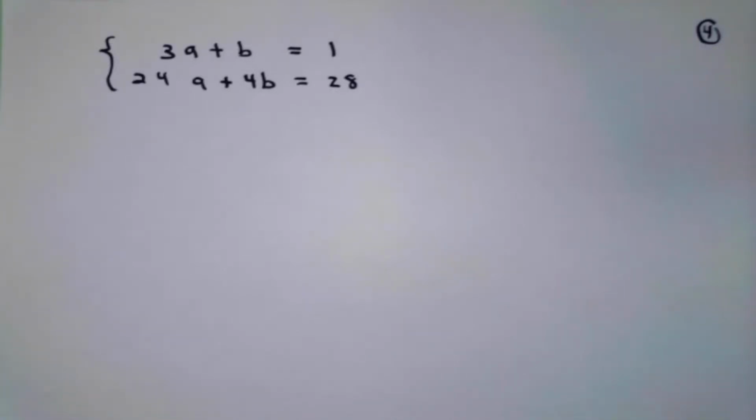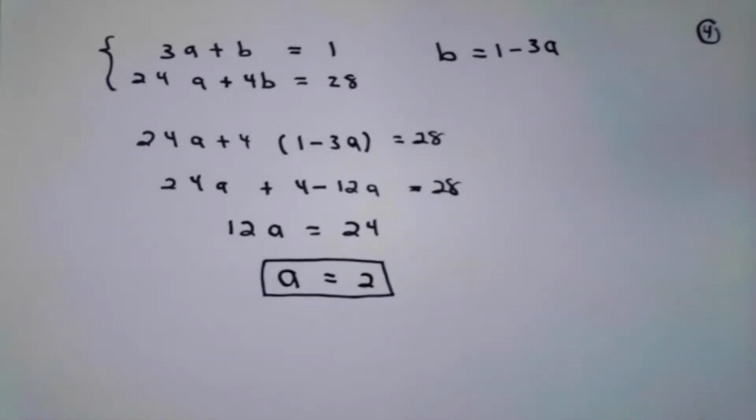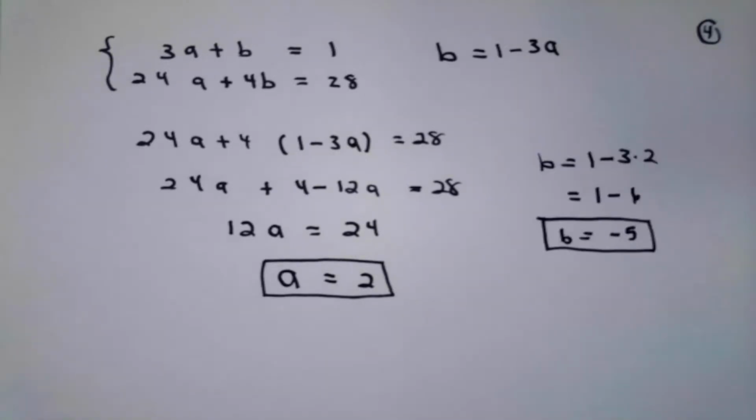Looking at the first equation, it's easy to solve it for b in terms of a. Substituting that into the second equation and doing college algebra on it eventually ends up telling me that a has to be 2. The moment that I know that, though, b is 1 minus 3a, so I now know that b is -5.